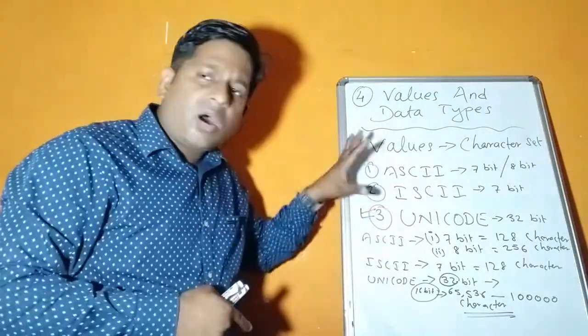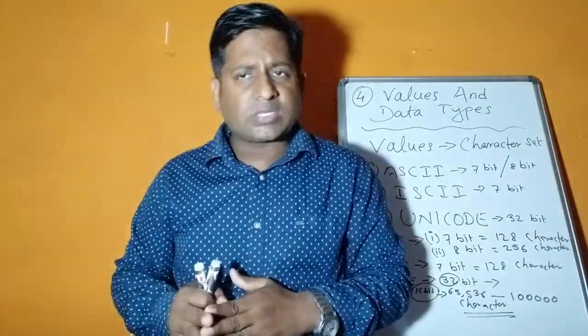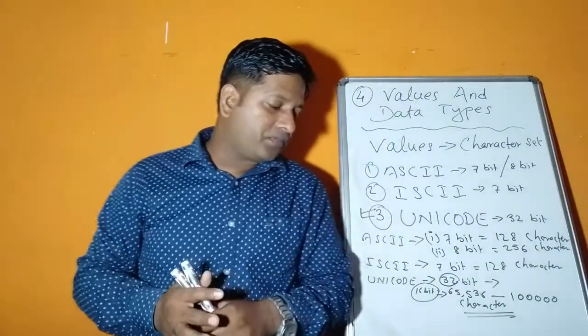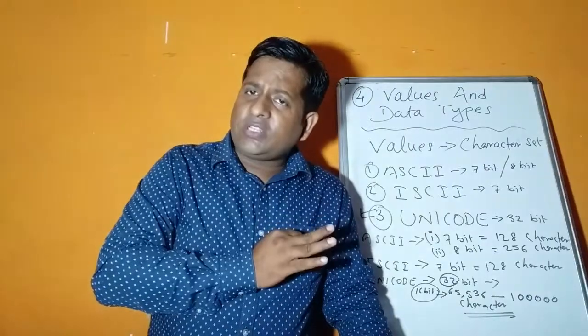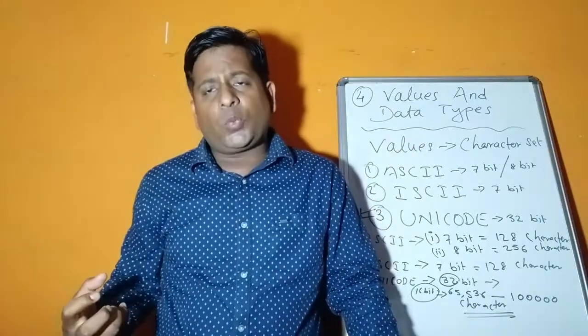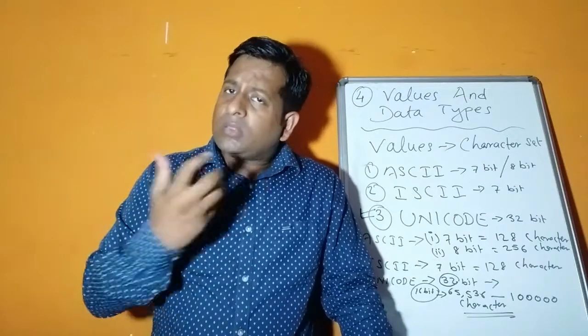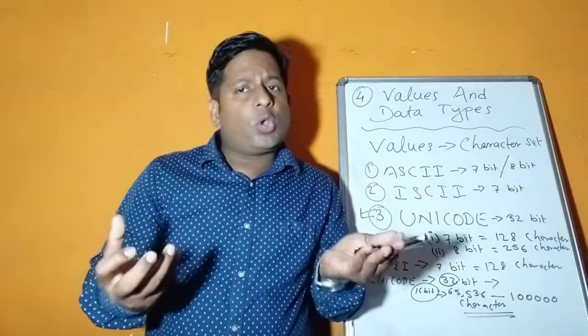So these are platform independent as it supports any operating systems. So there are so many advantages, isn't it? Now these Unicode features are even incorporated with programming languages also. Like we are going to learn Java. So Java also supports Unicode features.